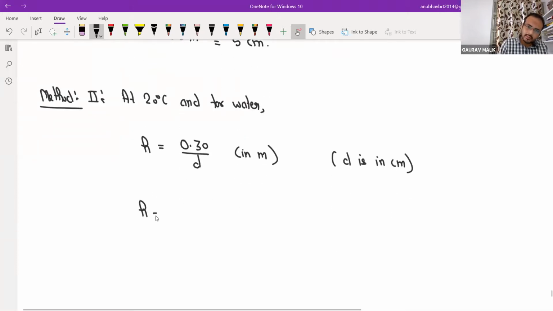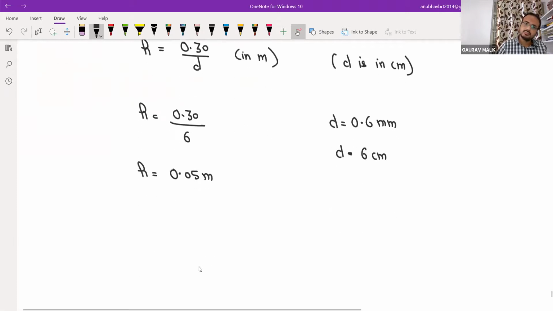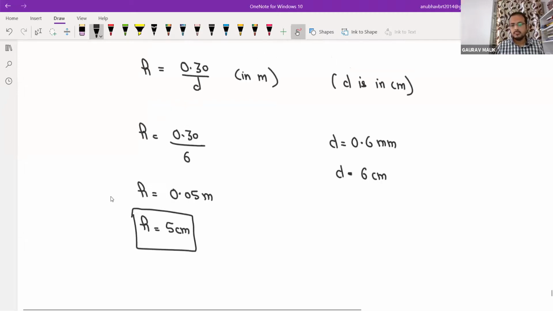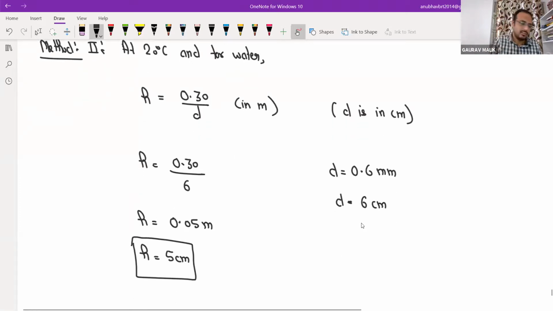So H is equal to 0.30 over the diameter; the given diameter is 0.6 millimeter, which you need to convert into centimeter. That is 0.06 centimeter, so H is equal to 0.05 meter, or 5 centimeter. So you can solve in one step like this. In the exam, it will save you at least 30 seconds.